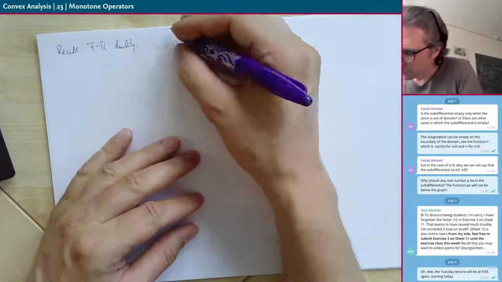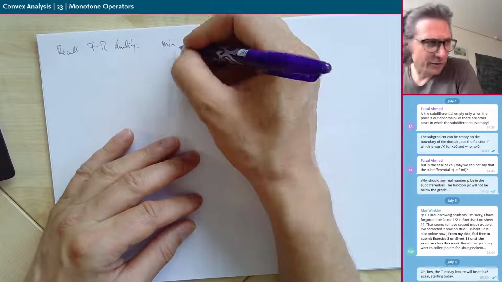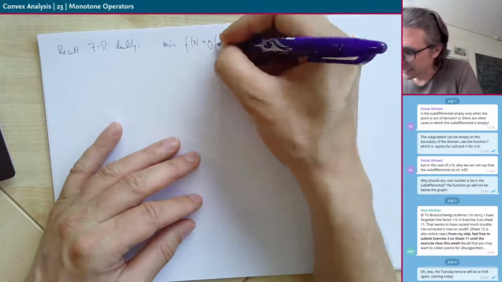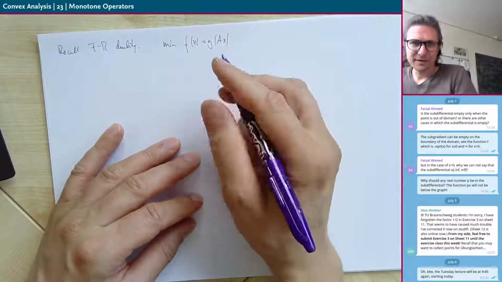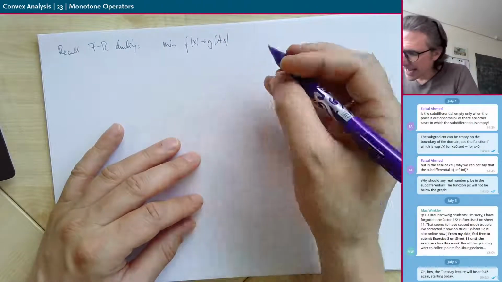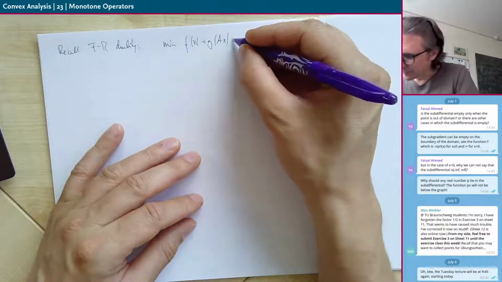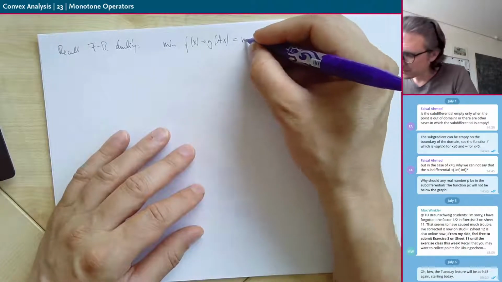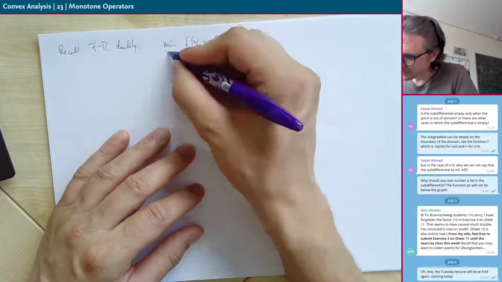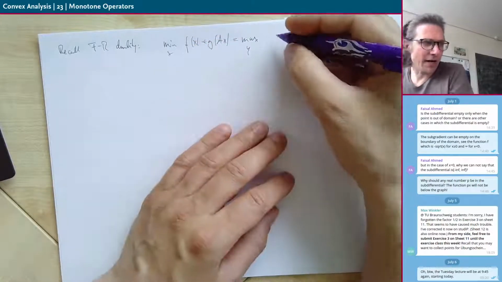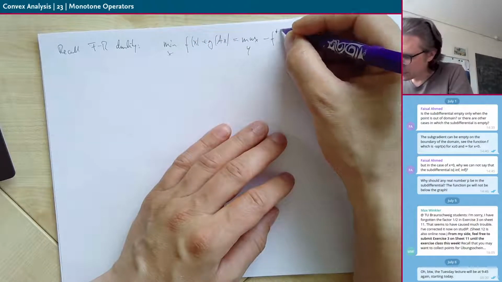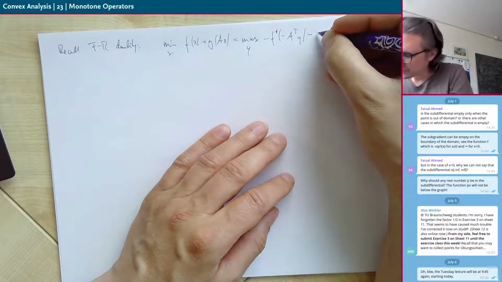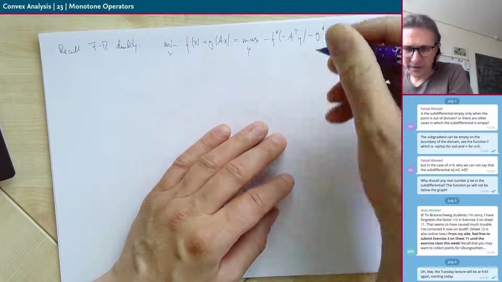So our primal problem was to minimize, how did we write that? f of x plus g of Ax. Let's assume that strong duality holds. Then this was the same as maximizing over y minus f star of minus A transpose y minus g star of y.